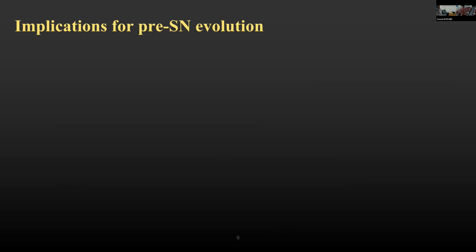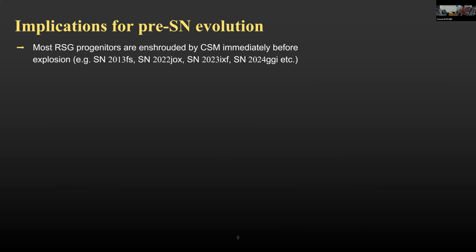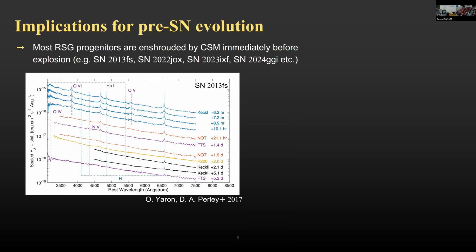So the wider implications of this for pre-supernova evolution is that we now know that most red supergiant progenitors are enshrouded by very dense CSM, and Wynn has already talked a bit about that.